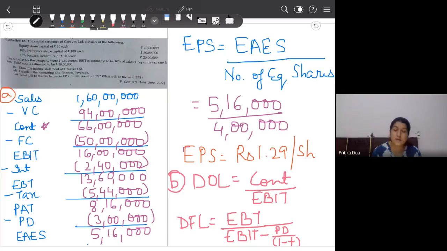So how much is degree of operating leverage and degree of financial leverage coming to? Financial leverage is 1.86. I'll also check the answer. Yes, this is correct. 1.86.